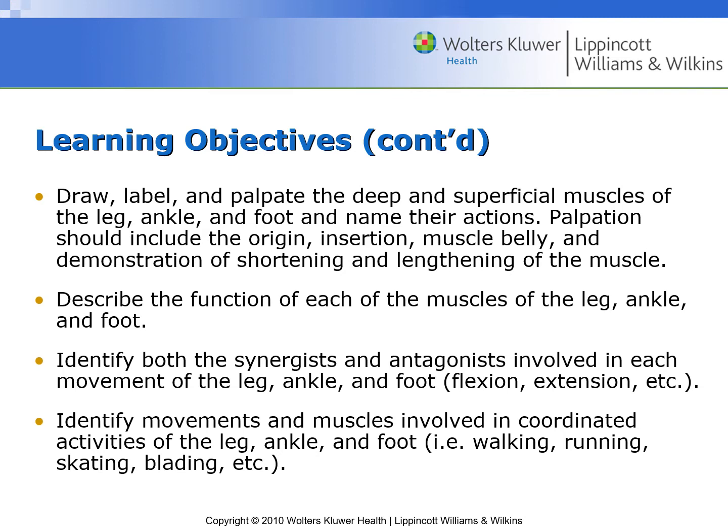We're also going to identify both the synergist and antagonist involved in each movement of the leg, ankle, and foot, such as flexion and extension. We're going to identify movements and muscles involved in coordinated activities of the leg, ankle, and foot, such as running, walking, skating, and blading.